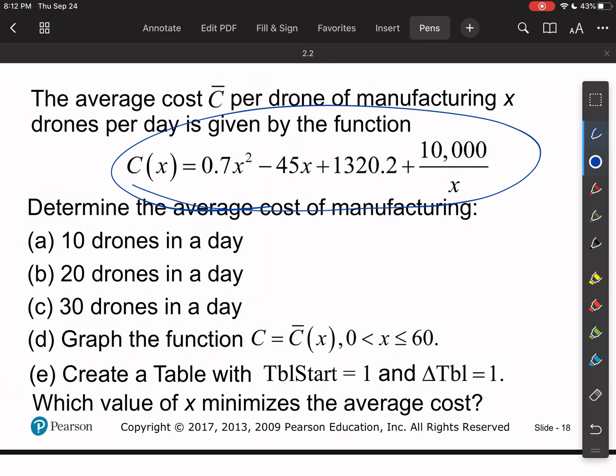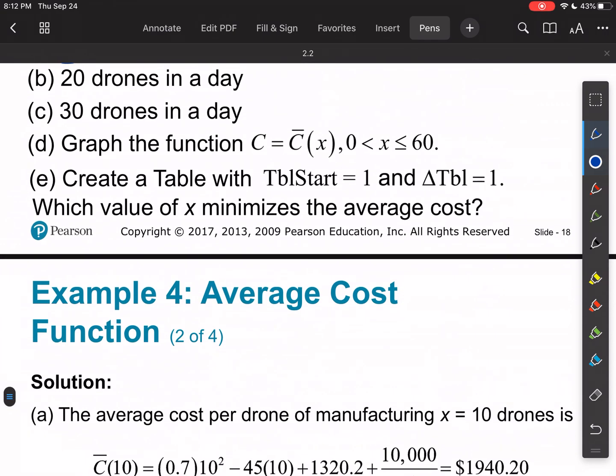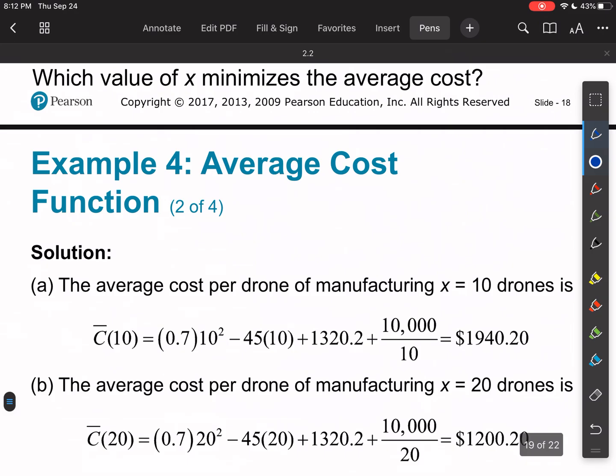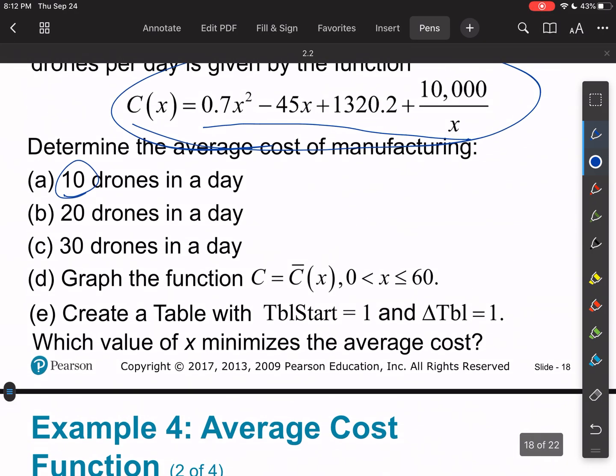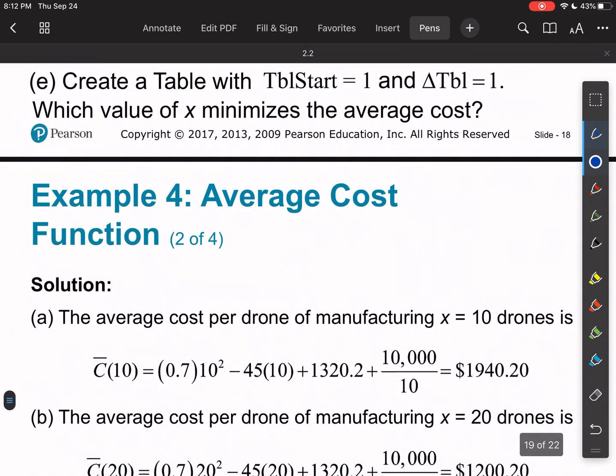The easiest thing would be to plug this into Desmos and then find out what happens if we put in 10 for x, which would just be the line x equals 10. But if we wanted to do this algebraically, we're just going to plug that 10 in for x.